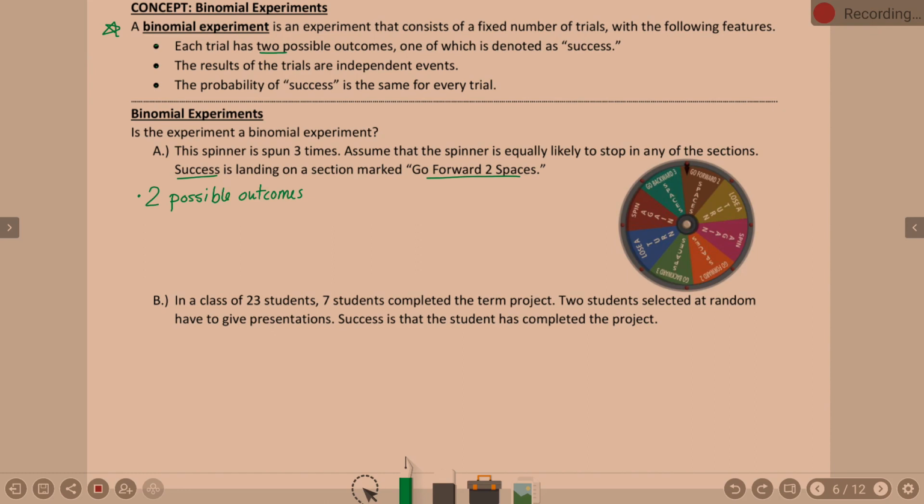Okay, so when we talk about 2 possible outcomes, one outcome is landing on go forward 2 spaces, or the other option is not landing on those spaces. Okay?